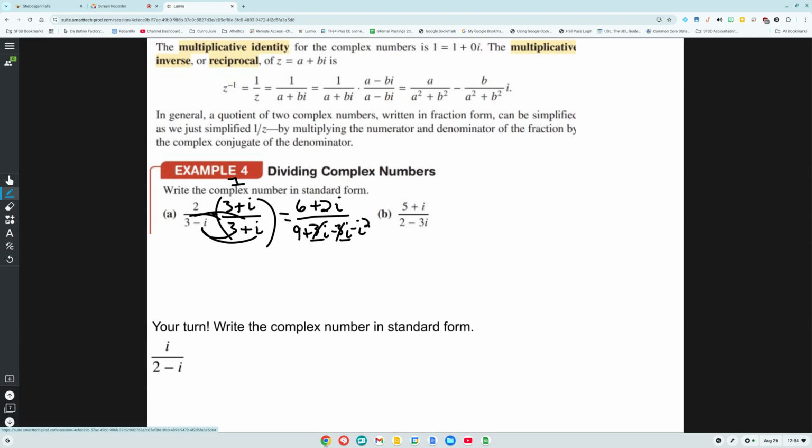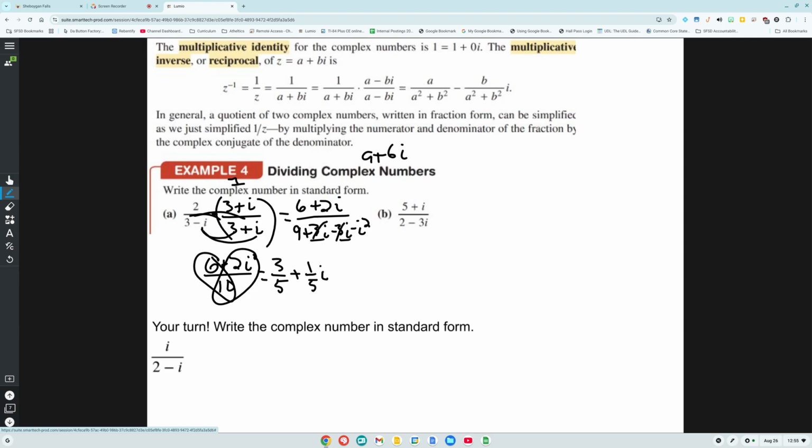We already said i squared is the same thing as negative 1. So this is the same thing as 9 plus 1 in the denominator. So I have 6 plus 2i all over 10. That's not quite standard form. Remember, standard form is a plus bi. So I'm just going to take this fraction and split it into pieces. I have the 6 over 10 piece, which can be simplified to 3/5. And I have the 2i over 10 piece, which can be simplified to 1/5 i.